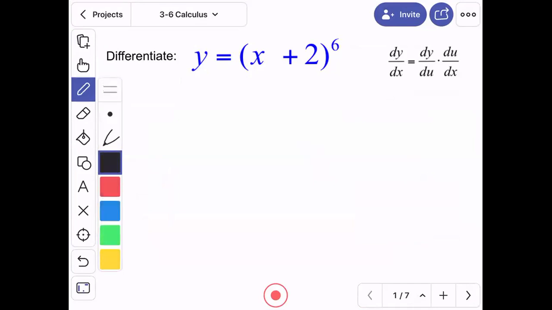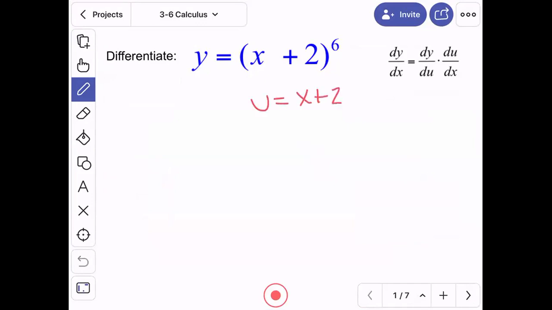The first thing I've got to figure out is what am I picking for u? So I'm going to let u be x plus 2, that function sitting on the inside. So therefore, my function can be rewritten as what in terms of u? That's going to be u to the 6th.